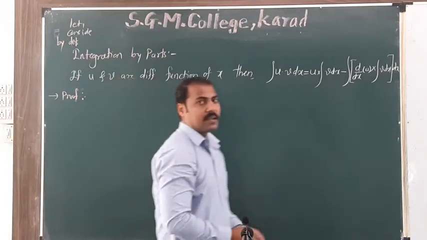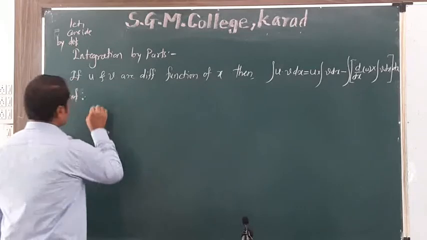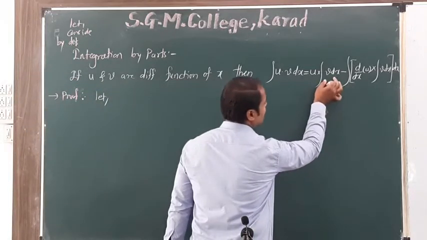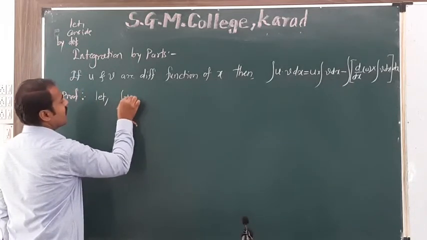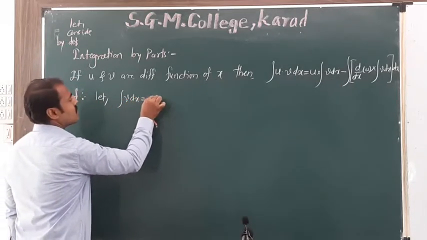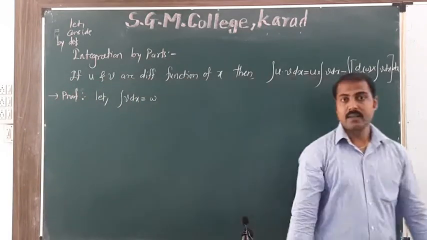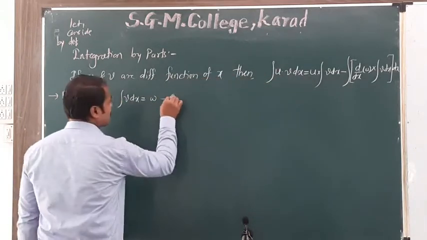Now, first one is let. Consider the integration of the second function, the integration of v dx, is equal to another variable w. Integration of v dx is equal to w, it's our equation number first.